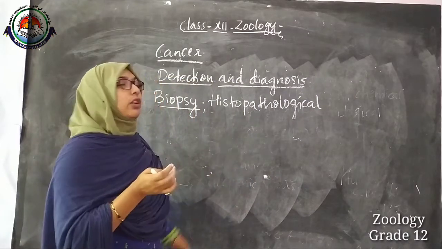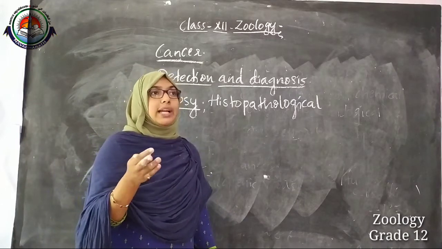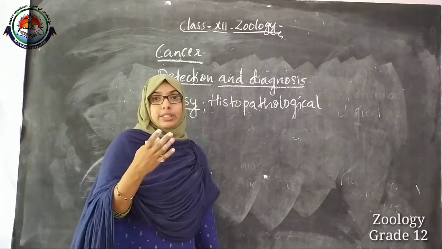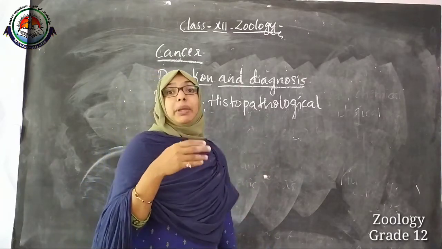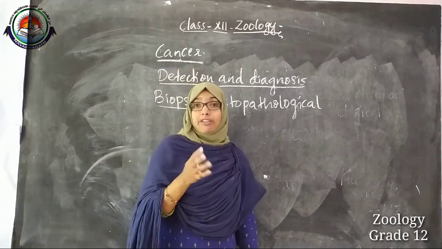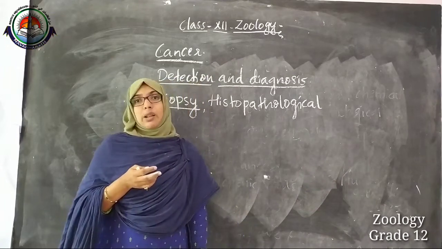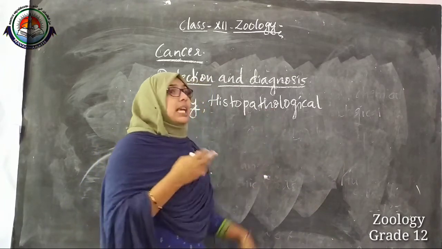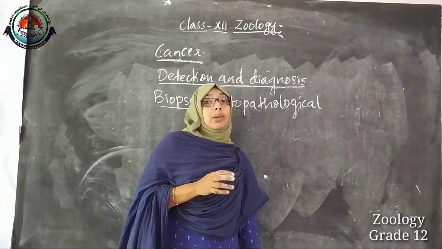And in histopathological studies, cells are counted. You know that cancerous cells are proliferating, dividing cells. So in these studies, the cells will be counted to check whether they have increased or decreased, and they are done by special pathologists. And these cell counts or histopathological studies are done for leukemia.